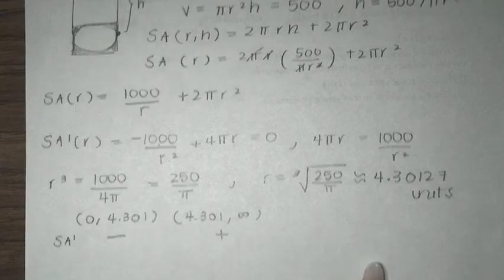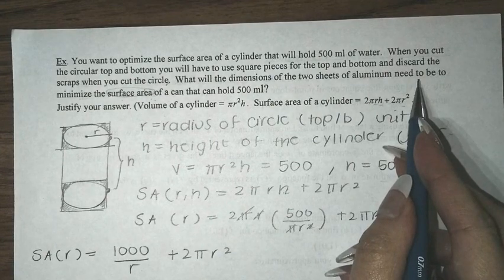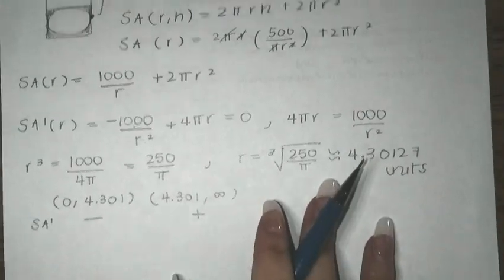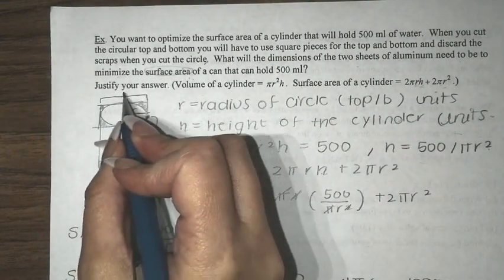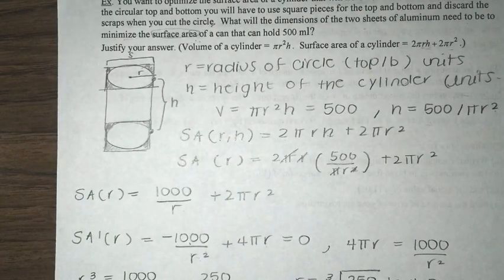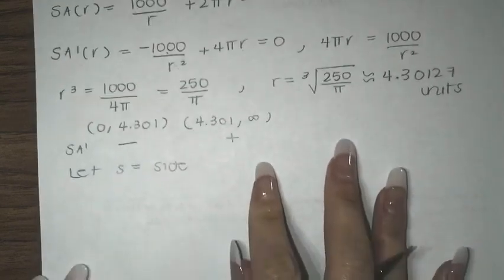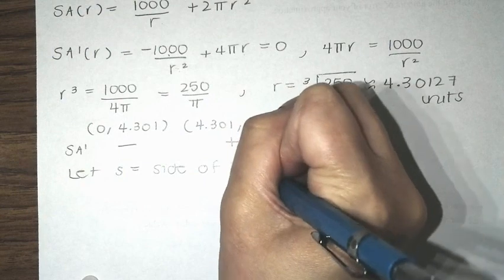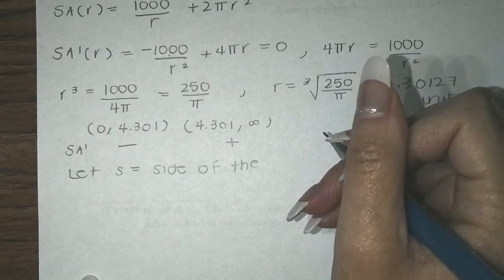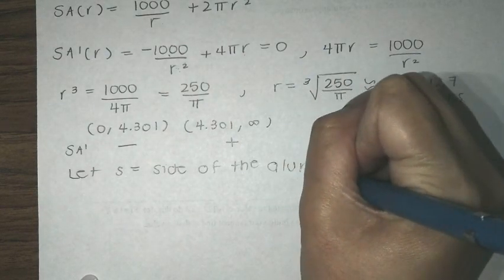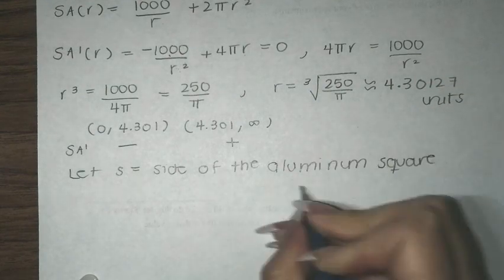Okay, so what's the deal here? They are asking you, let's read the problem, what will the dimensions of the 2 sheets of aluminum need to be to minimize the surface area? Okay, so they are asking you not for r, they are asking you for this piece, right? Let's call it S. Okay, so let S be equal to the side of the aluminum square.